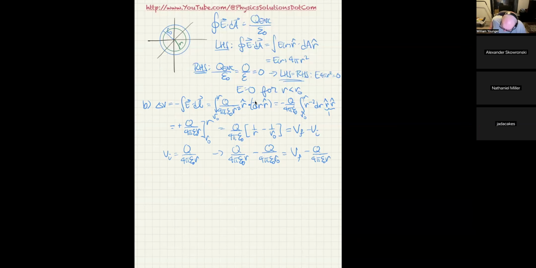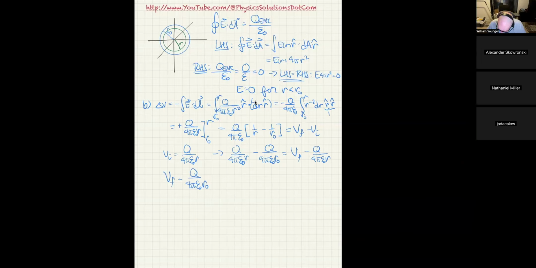So now we can see that V final is equal to Q over 4 pi epsilon naught R0.